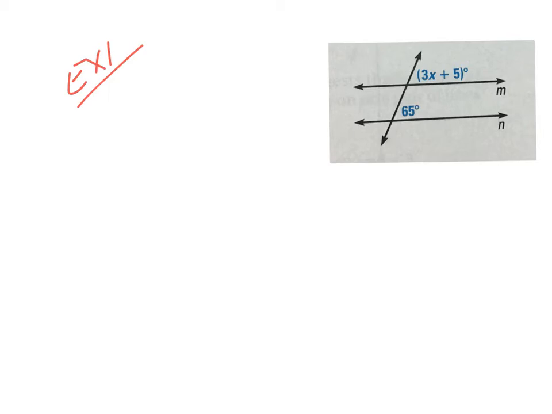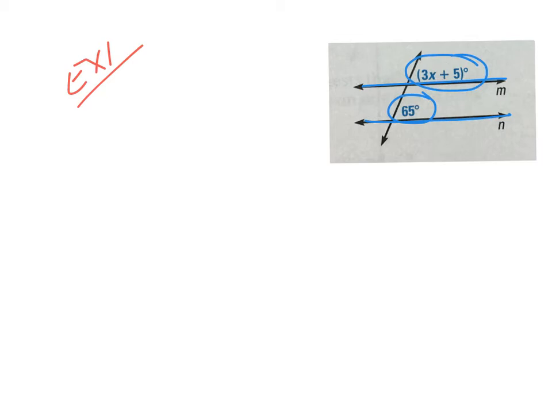We have this diagram and it says find the value of x that makes m parallel to n. So they want us to assume that these 2 are what? Equal. They're congruent, right? Because we're assuming that the two lines are parallel lines. In order for those to be parallel, this angle has to equal that angle.